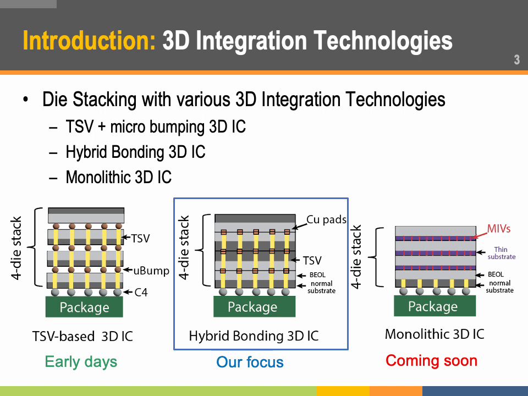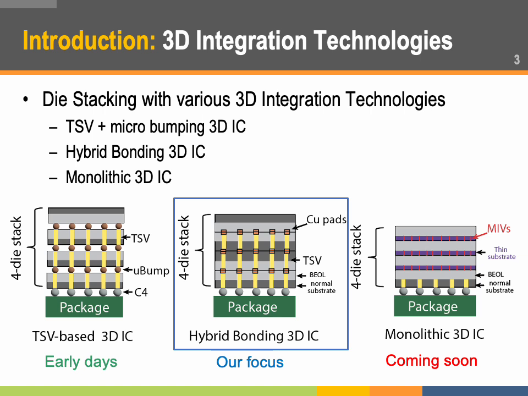In this approach, the dies are stacked on top of each other and connected vertically using through silicon vias, or TSVs, and micro bumps. However, this approach is limited by the large size of the TSV. They restrict the number of 3D interconnections.